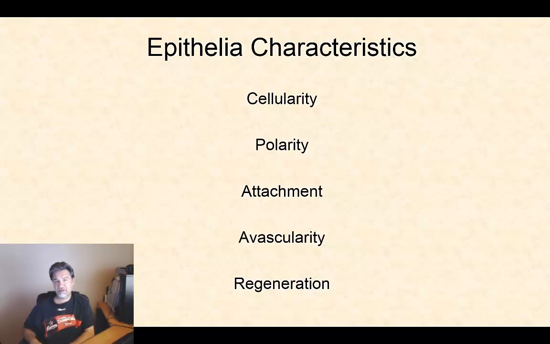Polarity means that there are organelles in these cells, and the organelles are mainly in the lower half of these cells. Remember, these cells are lining something. So on one surface is going to be the skin, but on the outer surface there's nothing. So on the inner half, if you will, the deeper half of the epithelial cell, they will have a much larger congregation of organelles than on the external half.